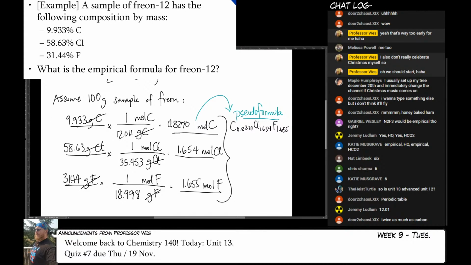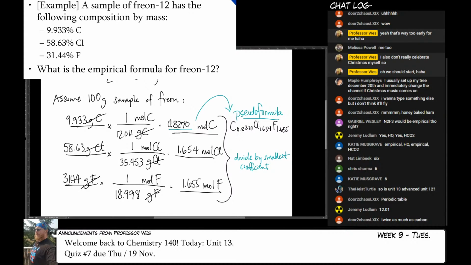So to resolve that, what we're going to do is divide all of the numbers by the smallest coefficient. And of these three numbers, 0.8270 is the smallest number.